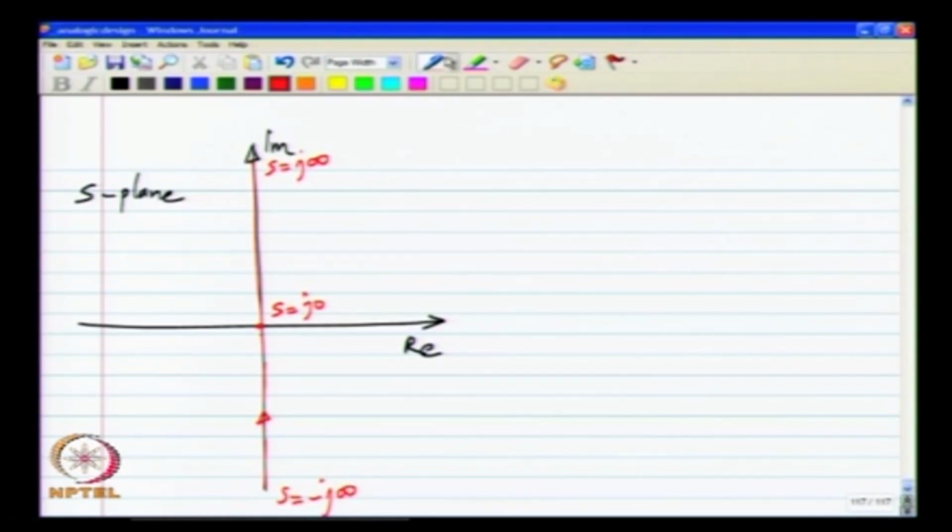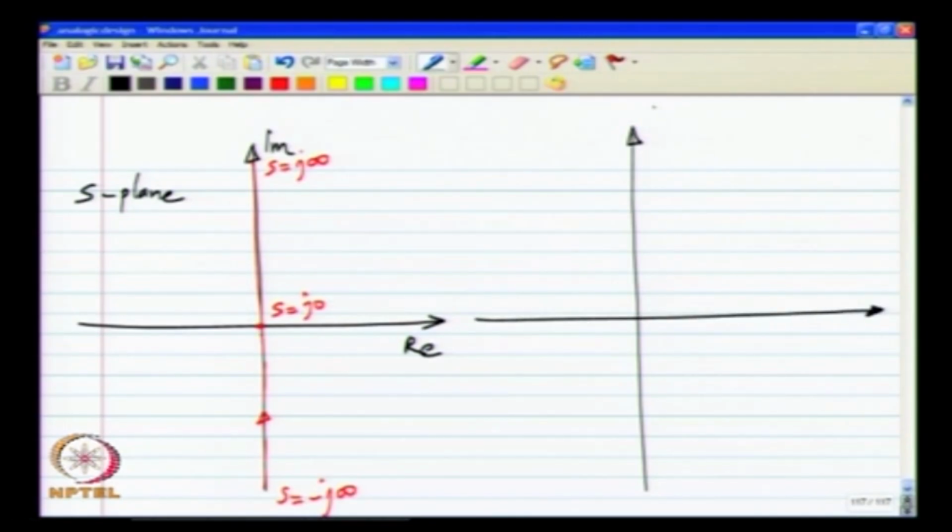Okay. You evaluate G H along this and then plot its imaginary versus real parts. Okay.